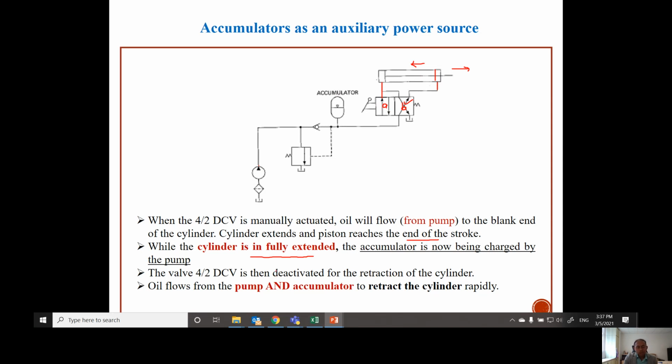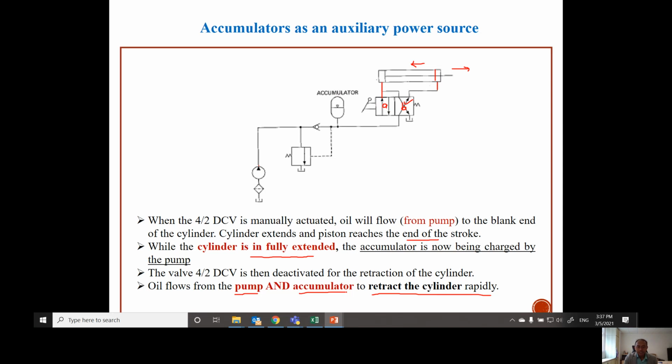So what is the difference between the retraction and the extension now is that the retraction can be observed to happen more rapidly from extension. Why? Because during retraction, the flow is coming from both the pump and also from the accumulator.